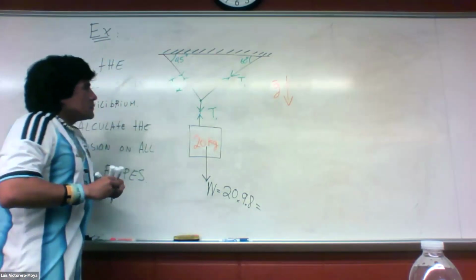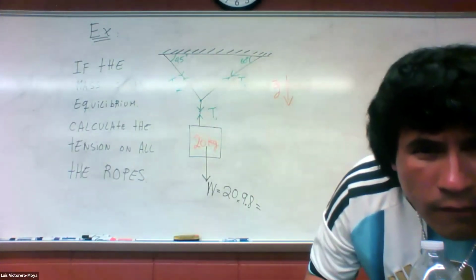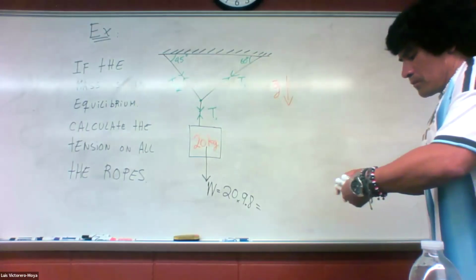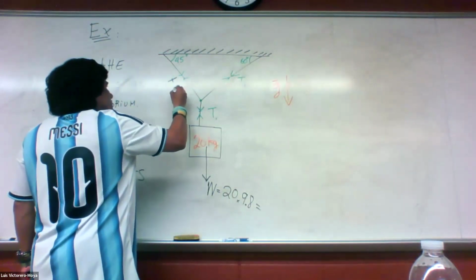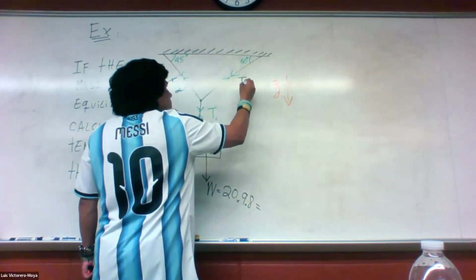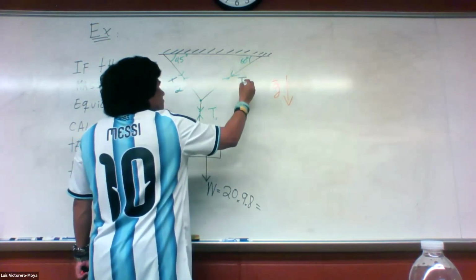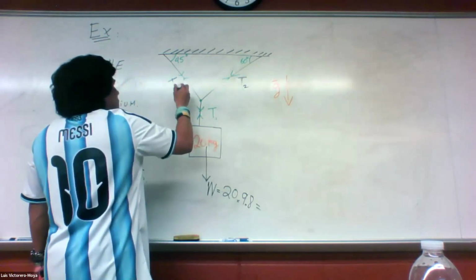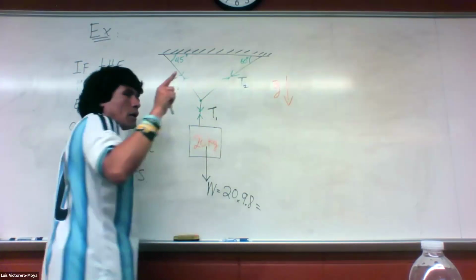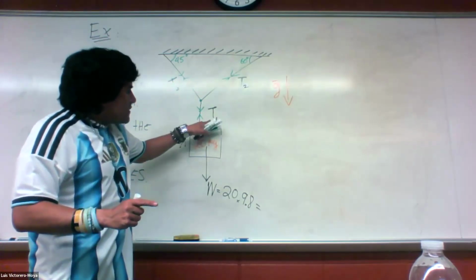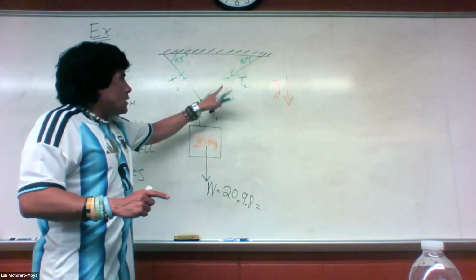All right, so that's the first thing you have to do: draw the tensions, right? T2 and T3, sorry. That's T1. So now I know that this is what I'm being asked: T1, T2 and T3.